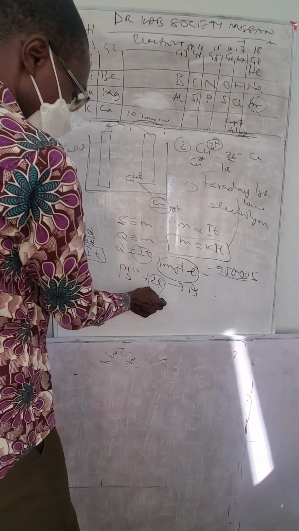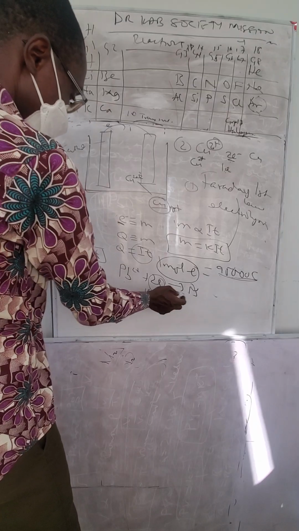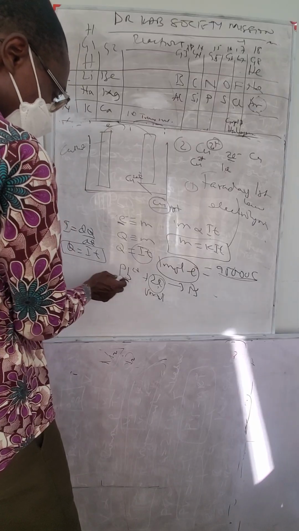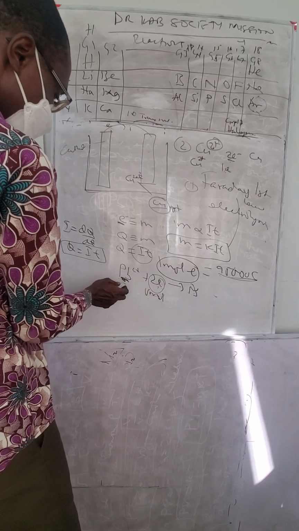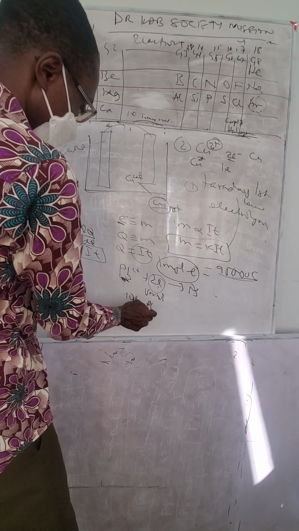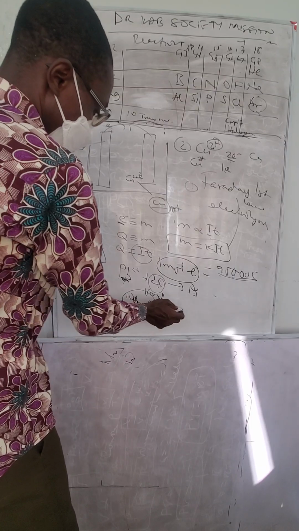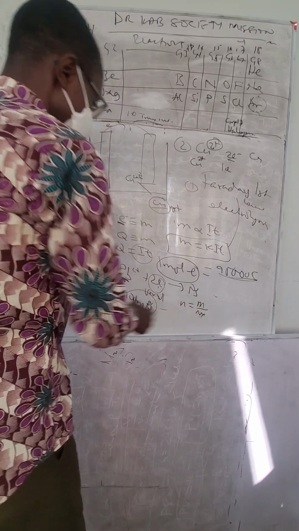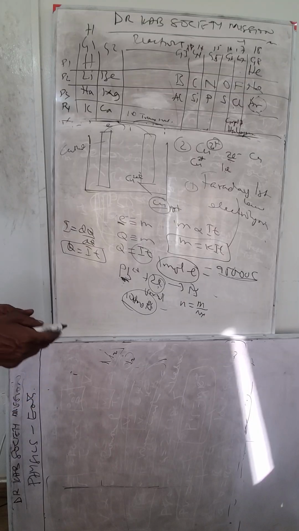So if, let's say, you got 5 moles of electrons, then you can tell how much will be deposited. 2 moles of electrons will deposit 1 mole of lead, so 5 moles will give you how many? That's about 2.5 moles of Pb, and then from there you can estimate the mass. Number of moles is equal to what? Mass over molar mass, and then you can do your calculation.